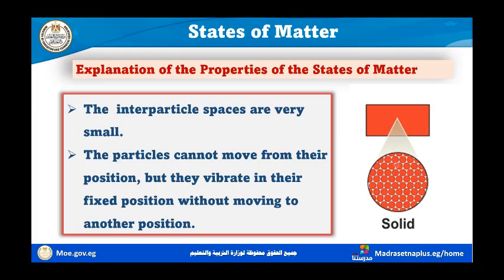And so the solid materials cannot move from one place to another, cannot change their shape, because the particles are very close to each other, the interparticle spaces are very, very small, and the attraction forces are very strong, so they cannot move, they only vibrate in their fixed position.